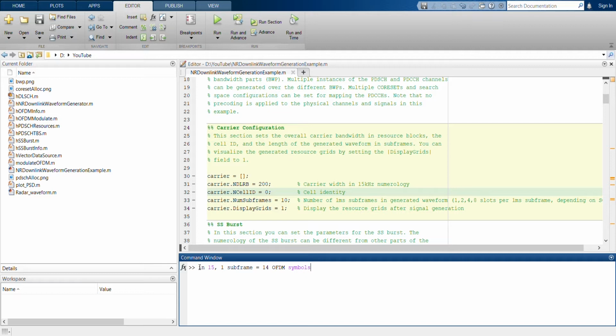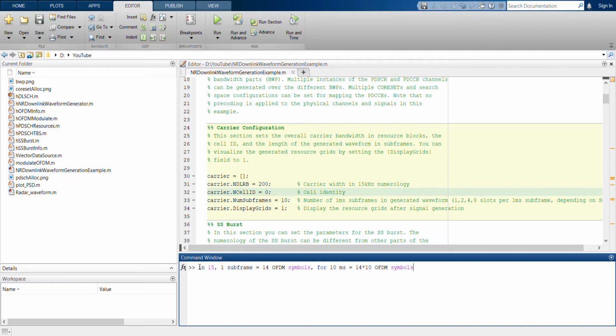That means for 10 milliseconds, or one frame, you transmit 14 into 10 OFDM symbols. So for one frame, you transmit 140 OFDM symbols.